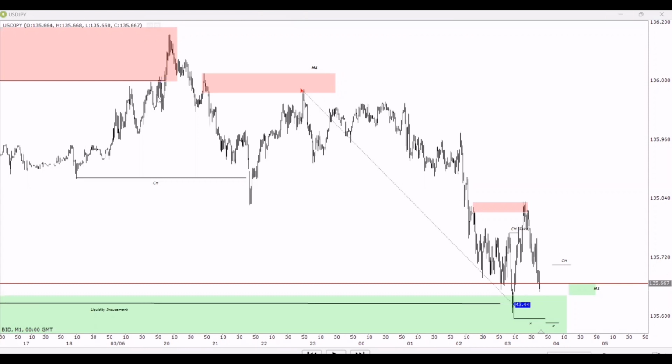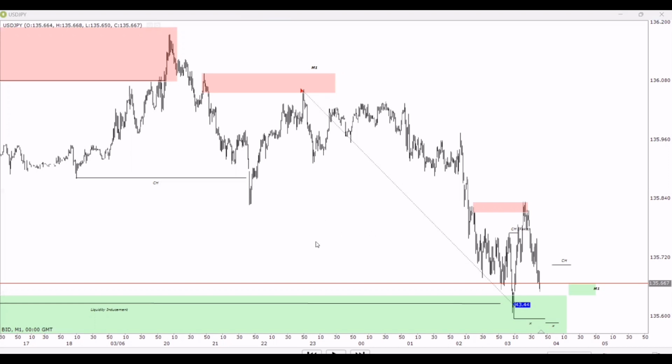Now we have this sort of demand here, which was respected by this pullback. And what happened? Price came back to the downside to take this low out, which created a change of character. So we could have taken this as liquidity sweep, change of character, and a supply, then we take the trade.